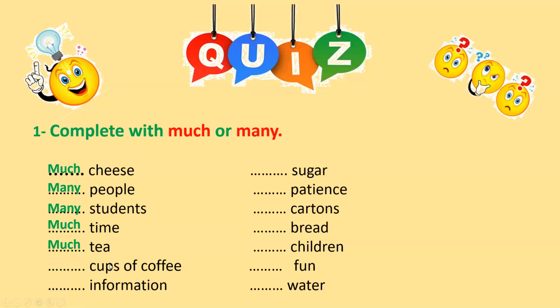Cups of coffee. You know that coffee is an uncountable noun, but cup is a countable noun. You can say 1 cup, 2 cups of coffee. So we put many cups of coffee.